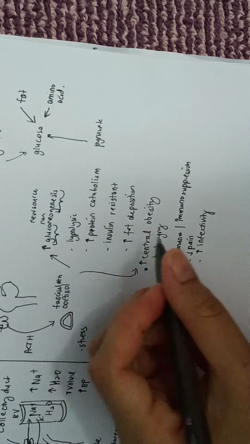So how do we investigate these conditions? So the investigations can be done by two ways. First, the low dexamethasone suppression test.